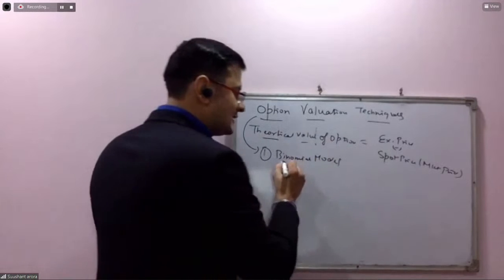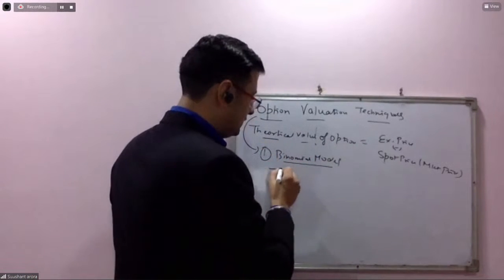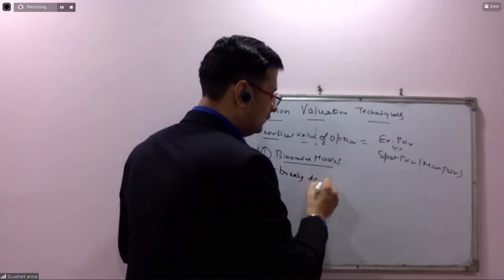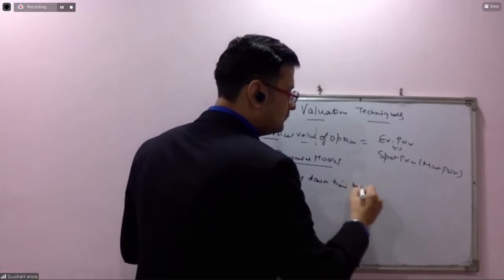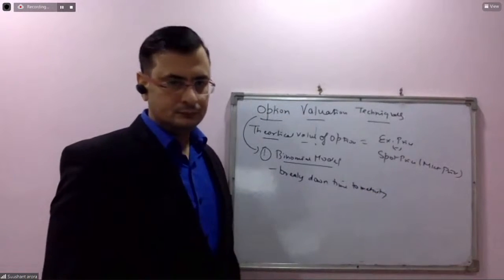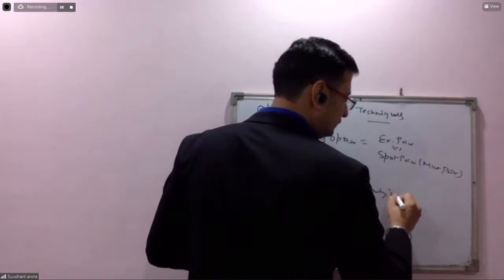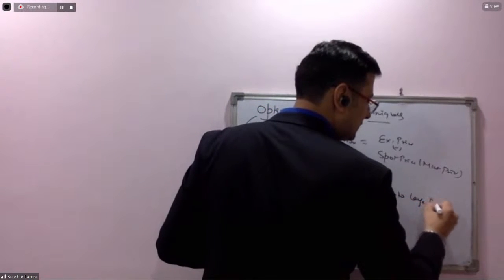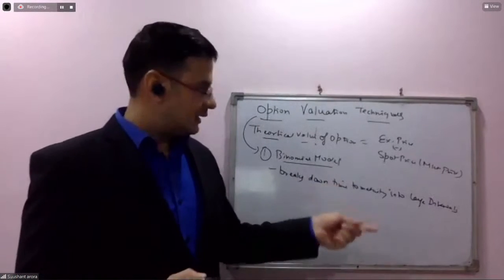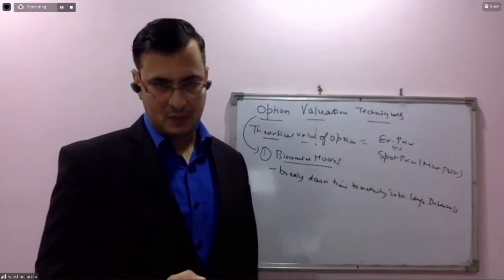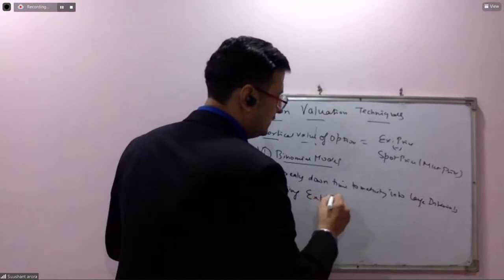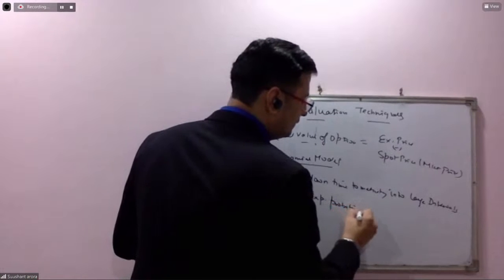So see very carefully, it breaks down the time to maturity into a large number of time intervals, using expected probability.